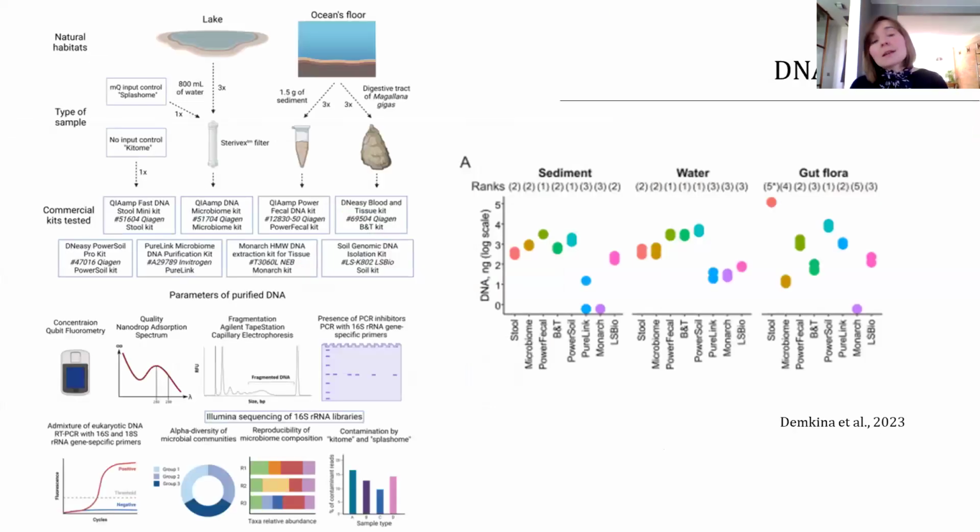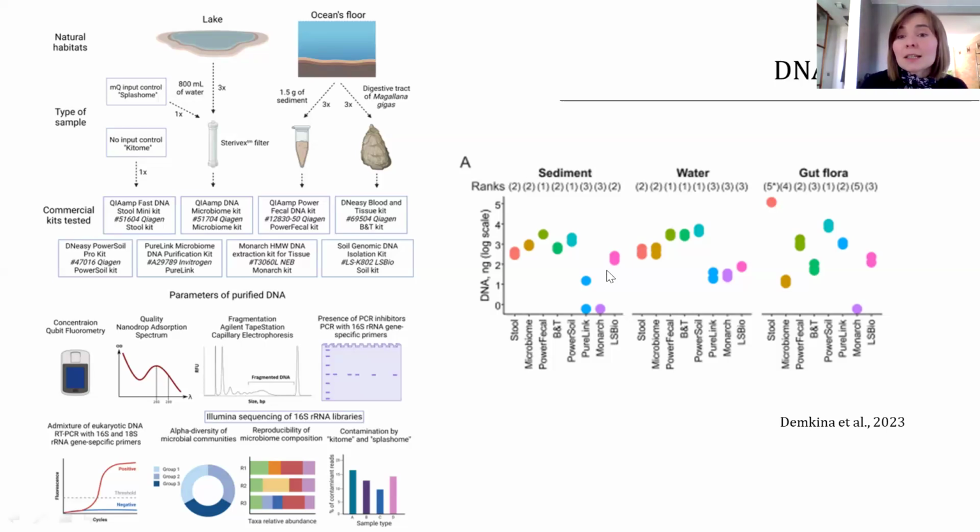Of course, as I say, there is a broad variety of DNA kits. You can see here, for example, some names. And the important thing is just to choose the proper one, that is most suitable for your project and for your approach.